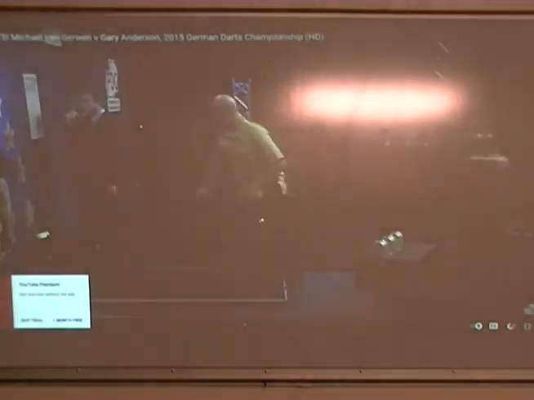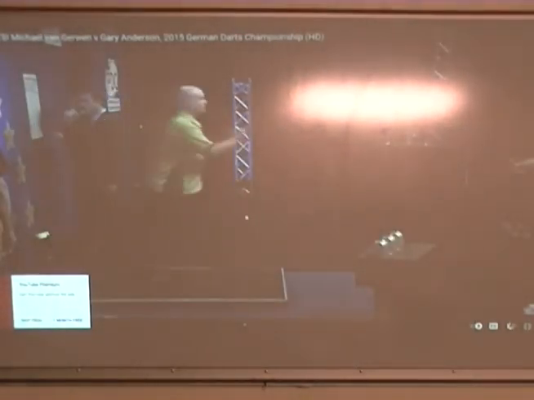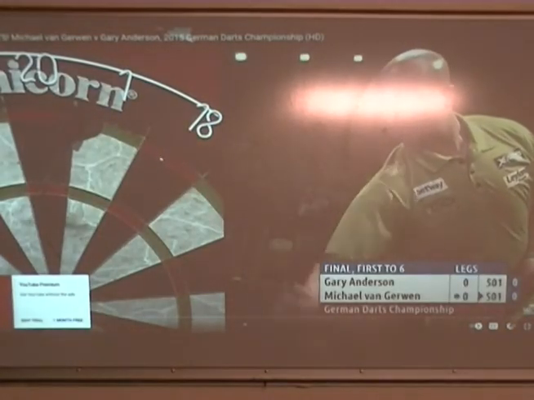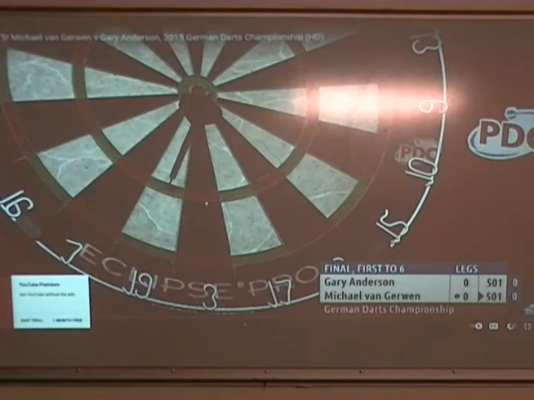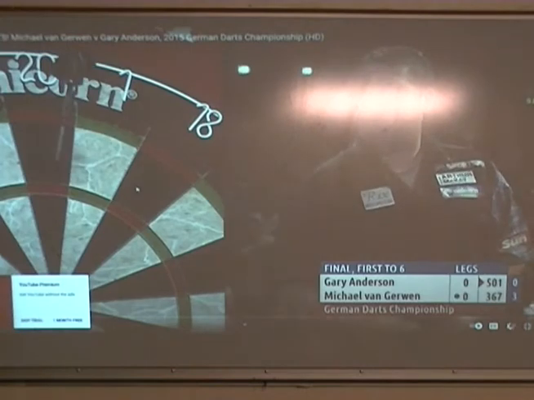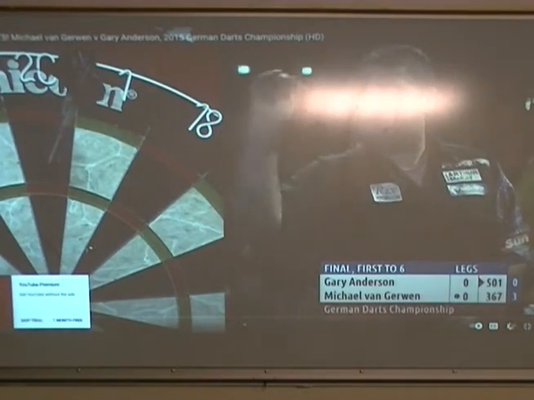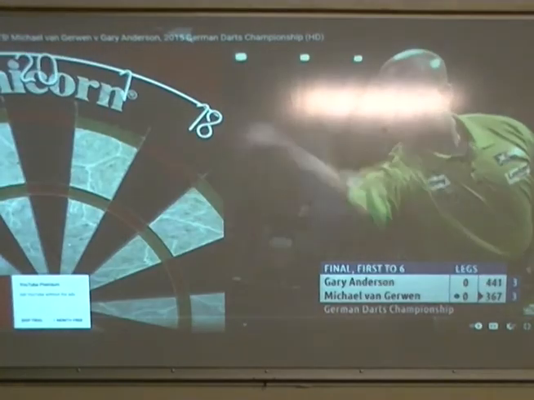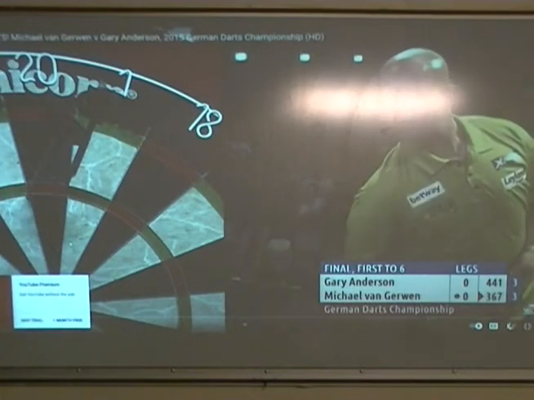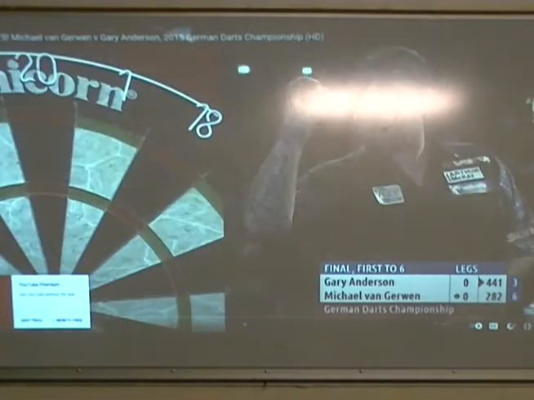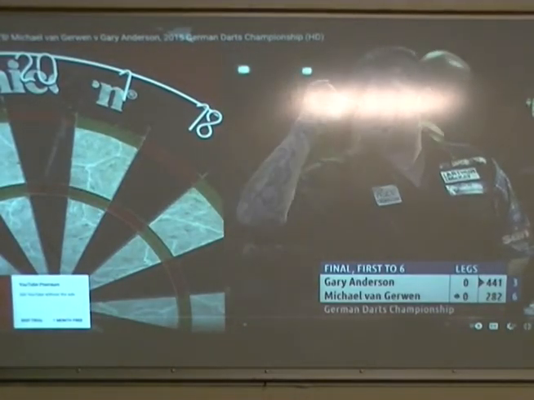So this is throwing, right? They are applying force to an object to project it elsewhere. It's highly accurate. But look at this, what do we have now?